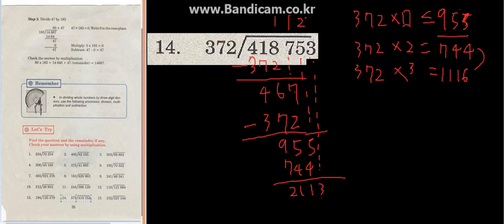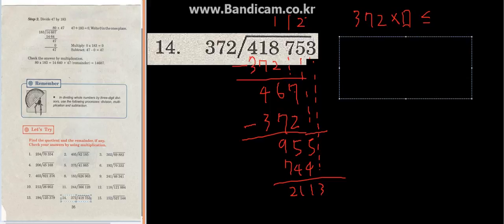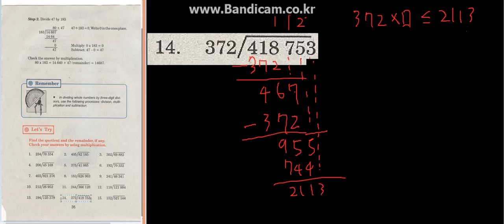So we face a new challenge of finding a number in the box that is close enough but not bigger than 2113. So let's see. I think I will go with multiplying by 6 first.